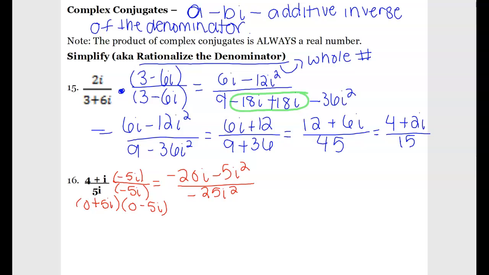Changing all of my i squareds to negative 1 and flipping my top to be in a plus bi order, I get 5 minus 20i all over a positive 25. You can, once again, reduce by dividing by 5. So you would have 1 minus 4i over 5.